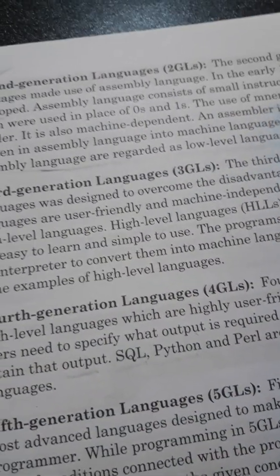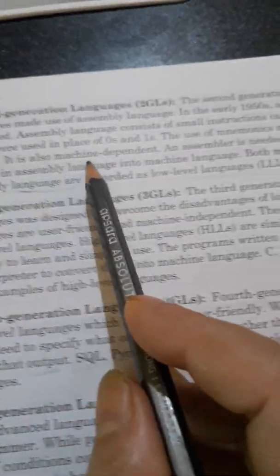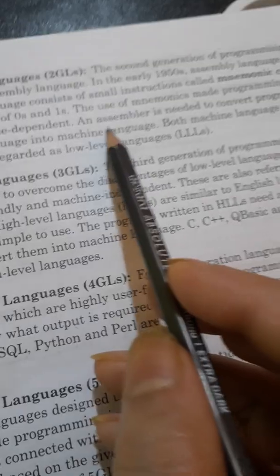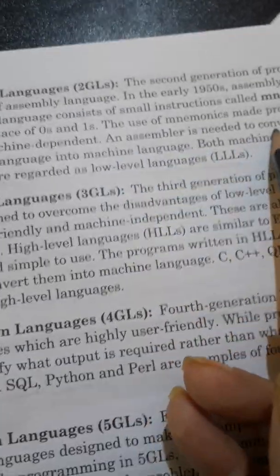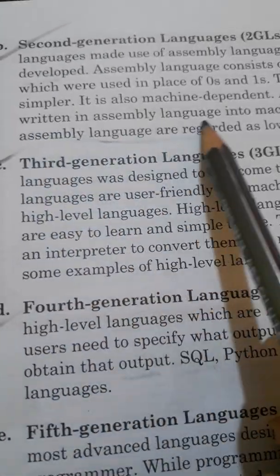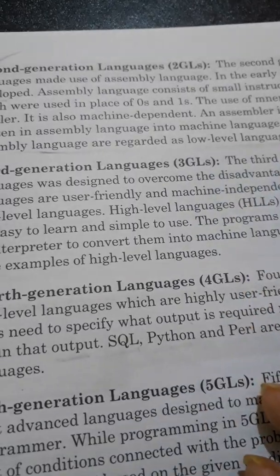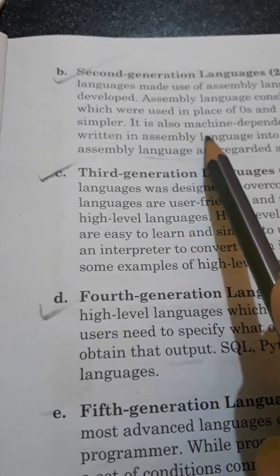Mnemonics make programming simpler, and it is also machine dependent. An assembler is needed to convert a program written in assembly language into machine language. Both machine language and assembly language are regarded as low level languages. This is the second generation language.